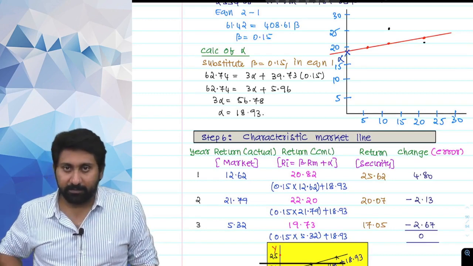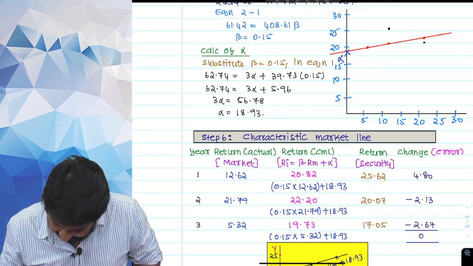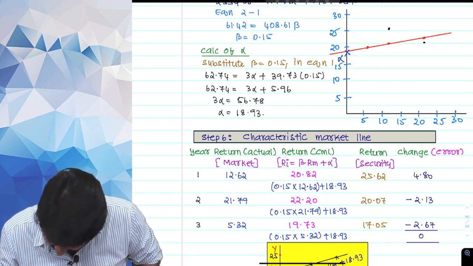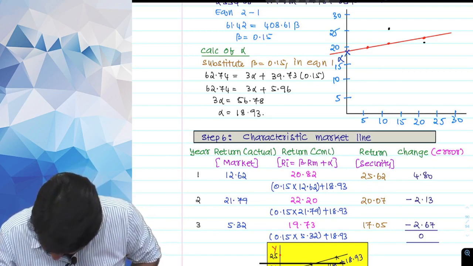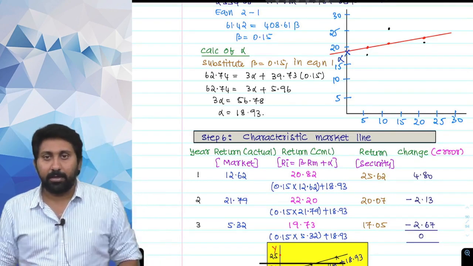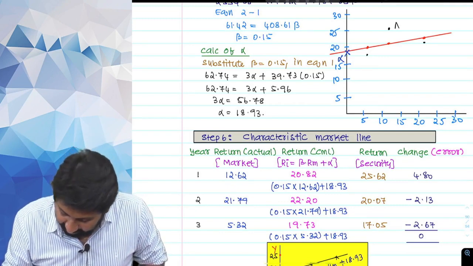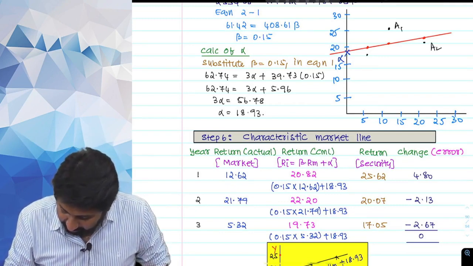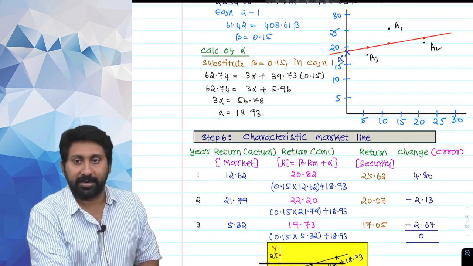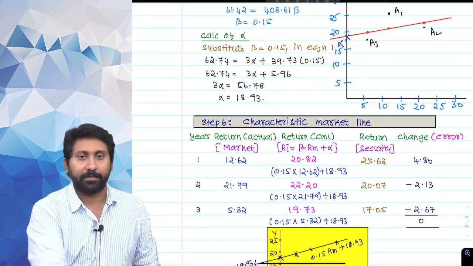Just somewhere here. Next, 5.32, actual 17.05. These are the plotted points. These are the actual returns for the first year, second year, third year. Am I clear? Now listen carefully. So let's continue further.